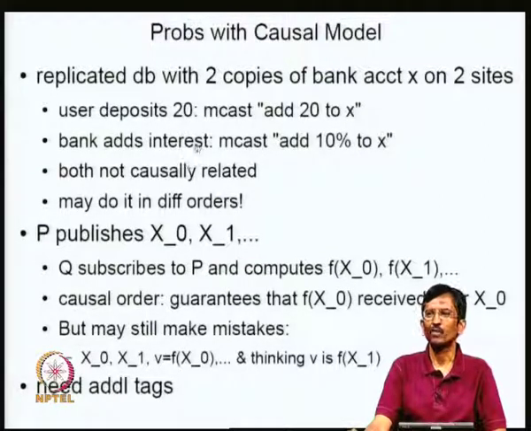But the problem is that depending on when I do this, I will get different results. If I do add 10% to x before I add 20, I get one result. If I add 20 first followed by 10%, I get a different result. So, these things are not causally related, but if you do them in different orders, you get different results.